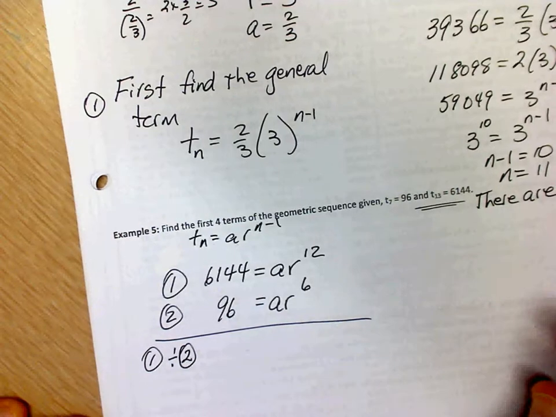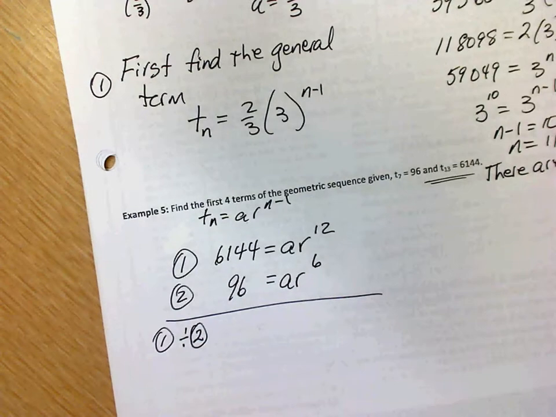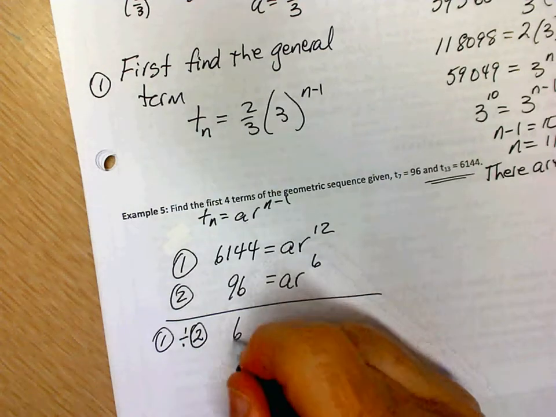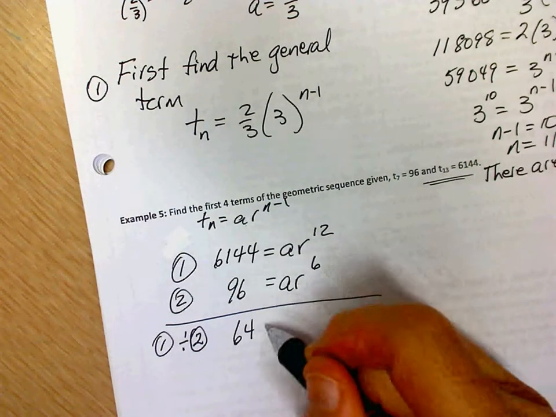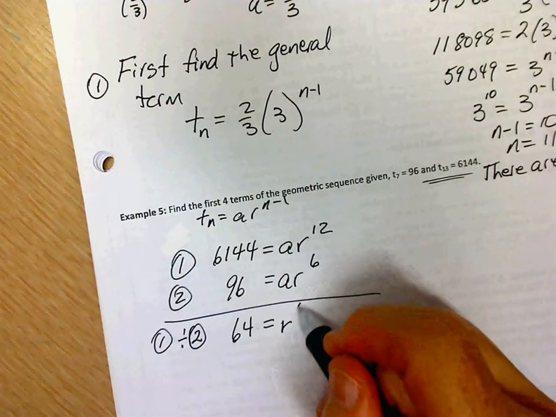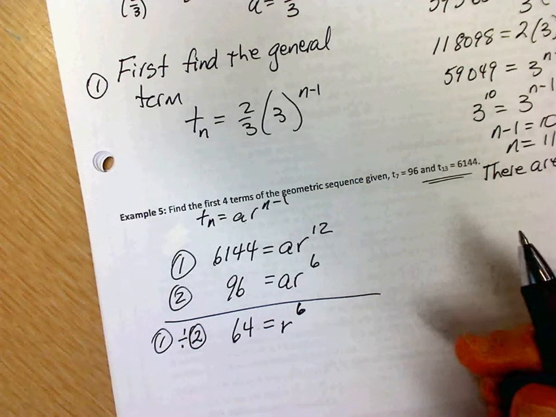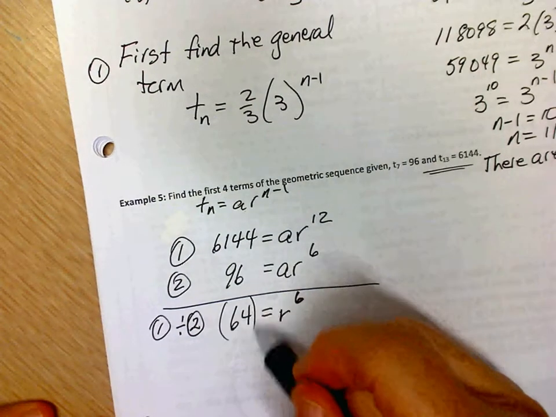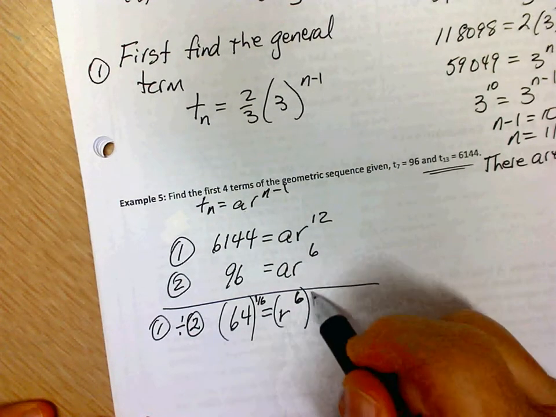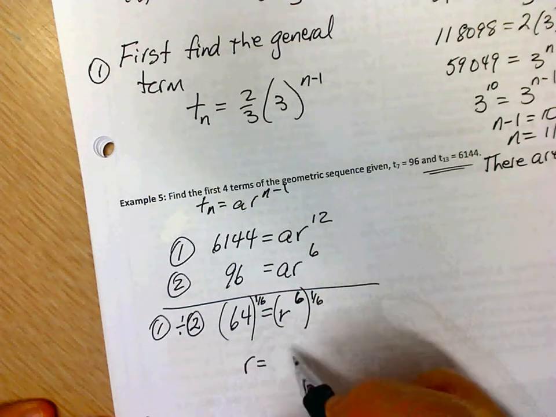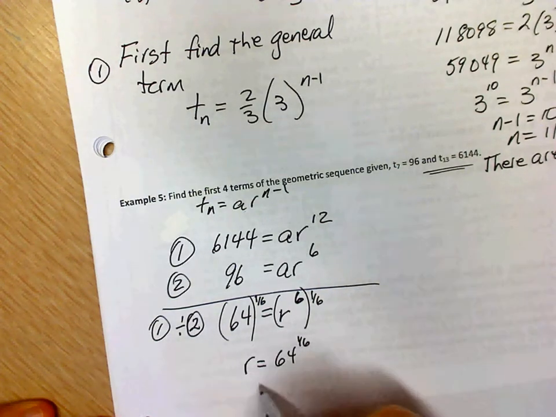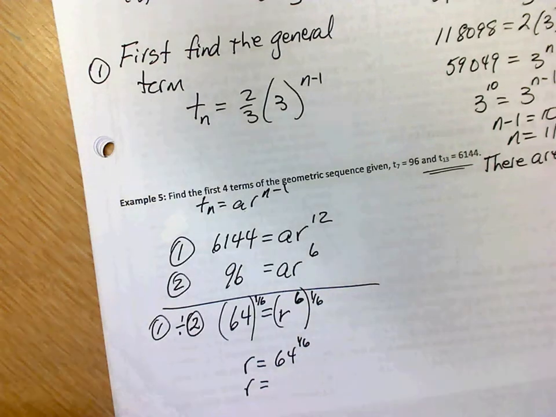Now, because we're multiplying here, we're going to divide equation 1 by equation 2. 6144 divided by 96 is equal to 64. A divided by A is 1. This is R to the 6. To solve for R, we take the 6th root. So R equals 64 to the exponent 1 over 6, which is 2.